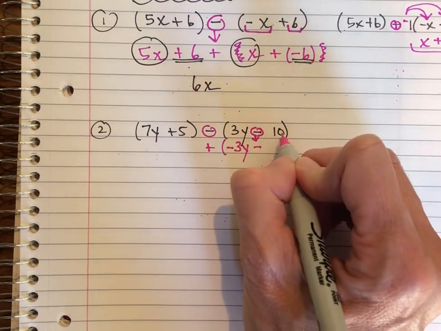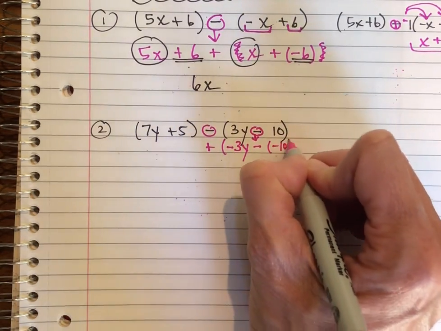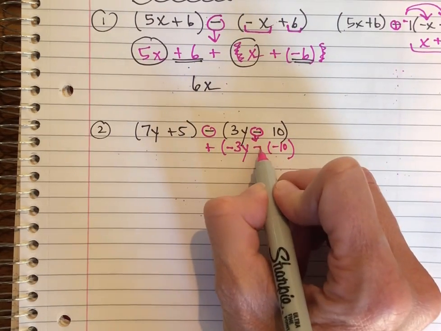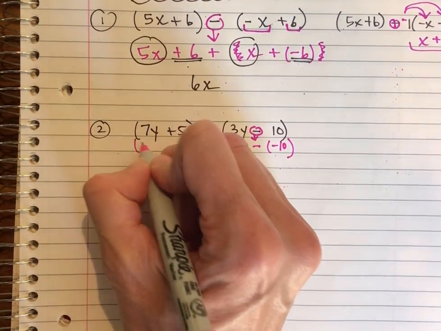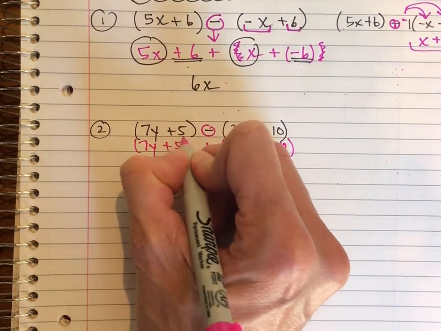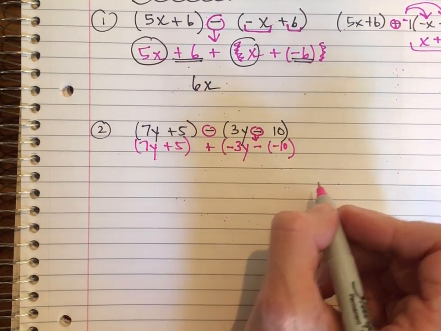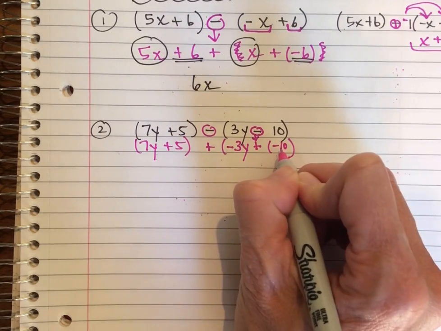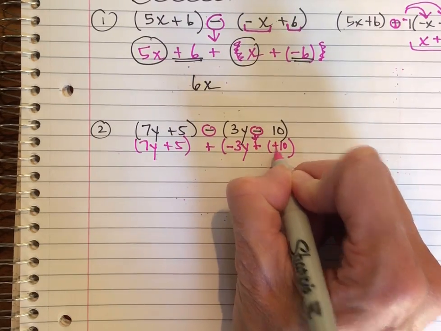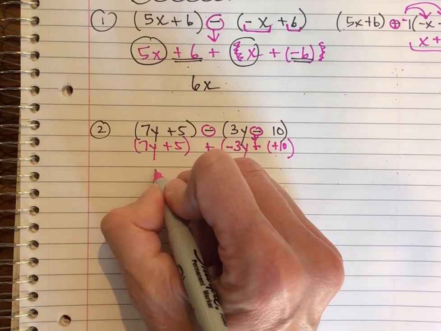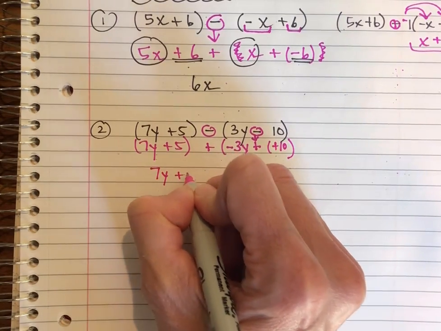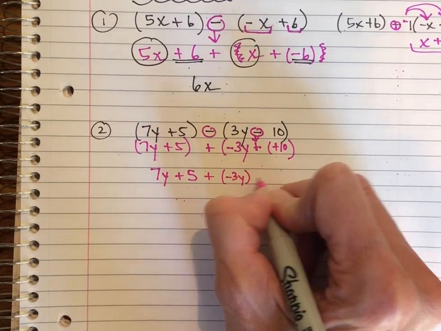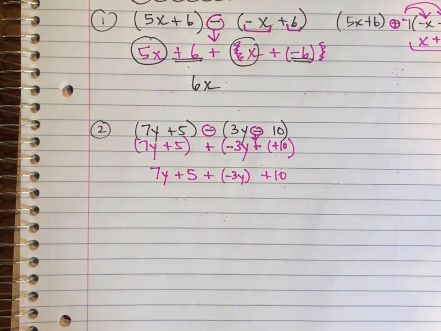And the opposite of 10 is negative 10. Okay, so I've kept the subtraction here, and now we have to deal with that. So 7y plus 5 can drop. Okay, subtraction changes to addition, and the 10, negative 10, turns into a positive 10. So if I rewrite again, 7y plus 5 plus negative 3y plus 10.